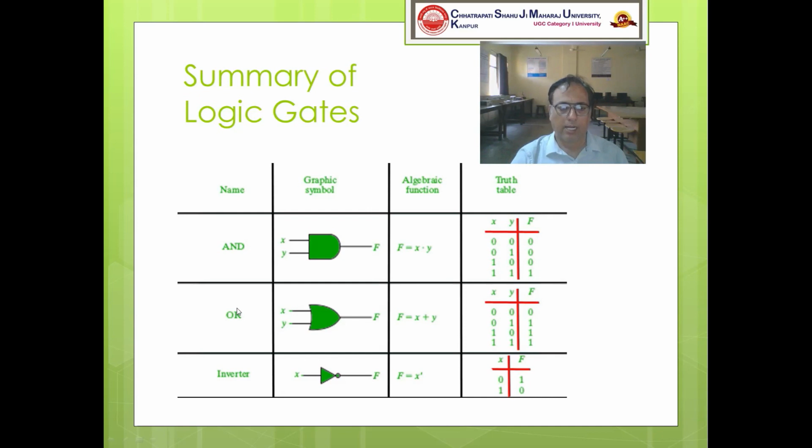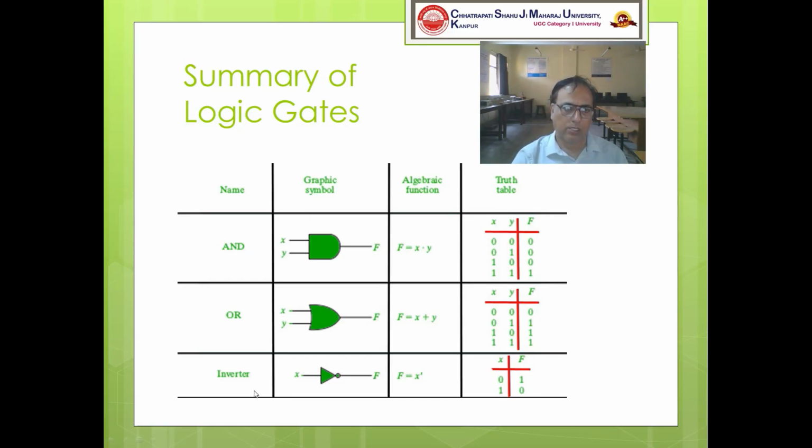The second basic logic gate was OR gate, and the algebraic function is f equals x plus y. The truth table for this is 0 0 equals 0, 0 1 equals 1, 1 0 equals 1, 1 1 equals 1.